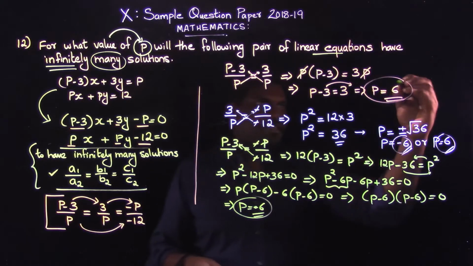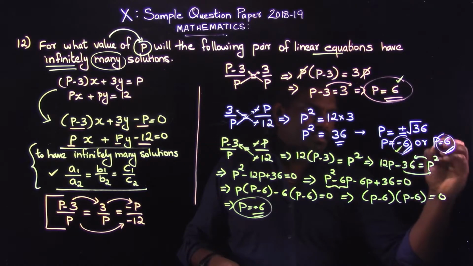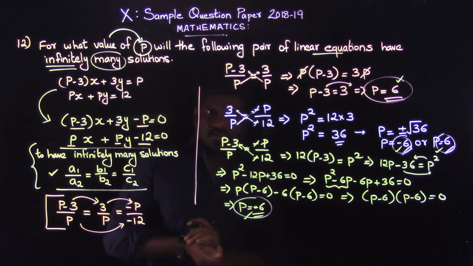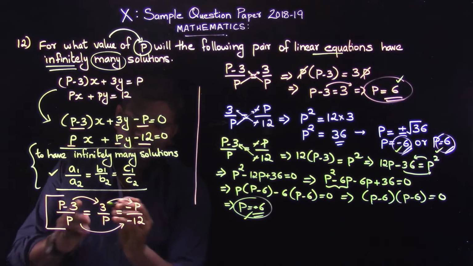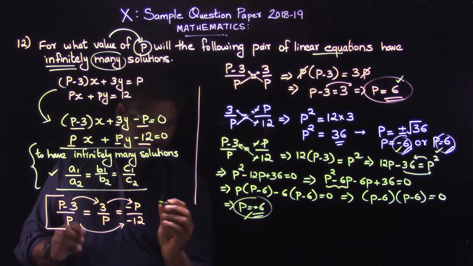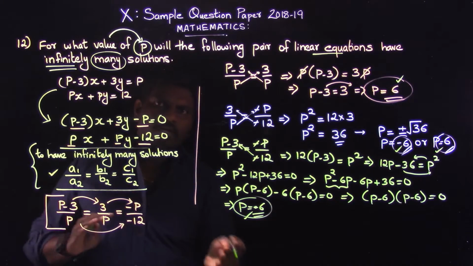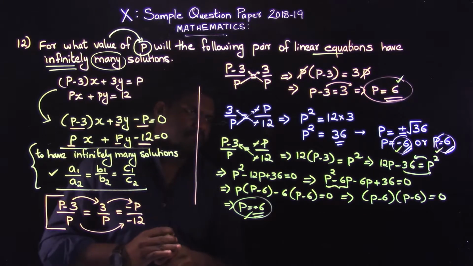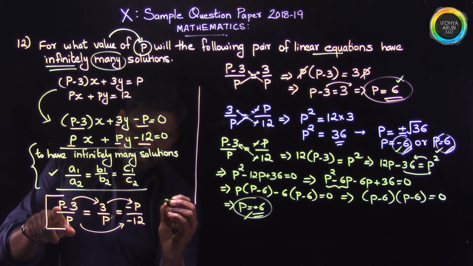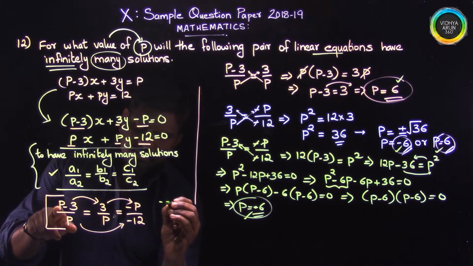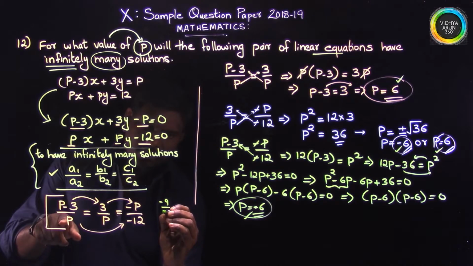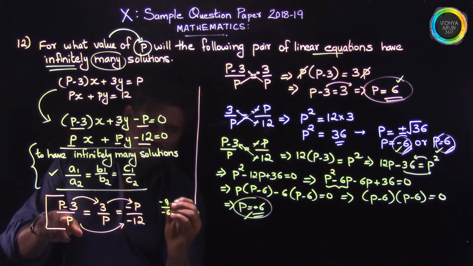So I have a 6 here, I have a minus 6, I have a plus 6 here. Now try these ones somewhere over here, minus 6, in this equation. Try it to a side, that will be okay for you when you're going for the exam. Minus 6, if I put it over here, it will be minus 6 and minus 3 becomes minus 9 by minus 6.